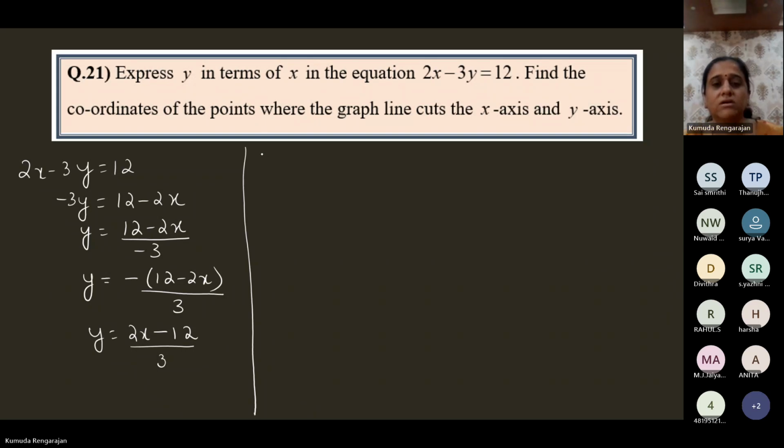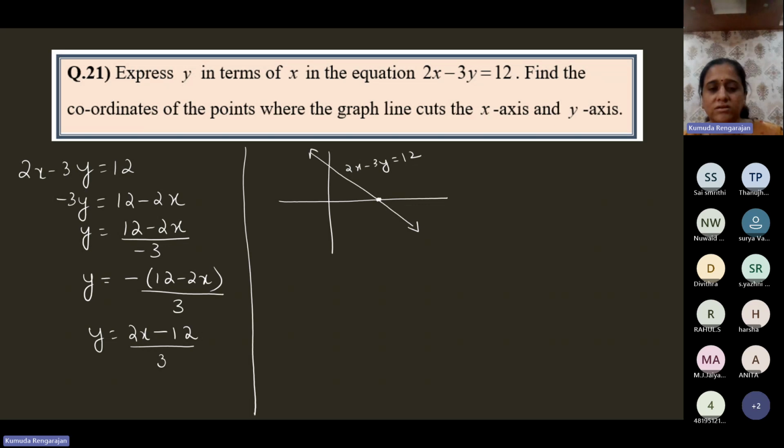Now, we know that if the graph cuts the axes, say this is the line 2x minus 3y is equal to 12. If it cuts the x-axis here, then the address will be of the form x comma 0. If it cuts the y-axis here, the address will be of the form 0 comma y.